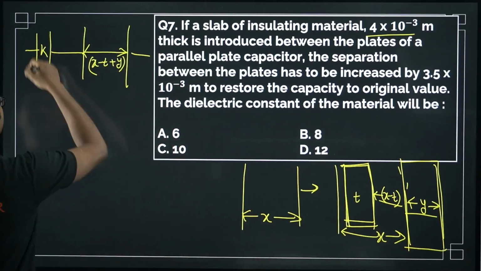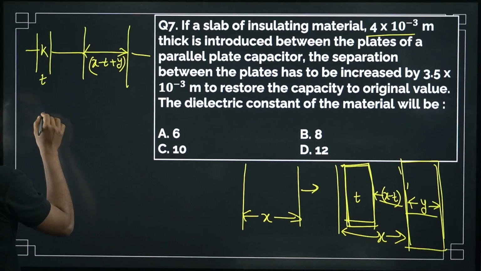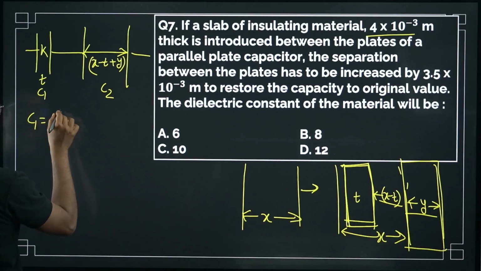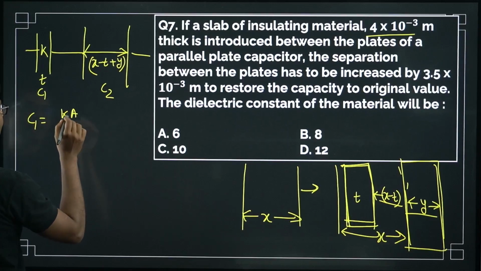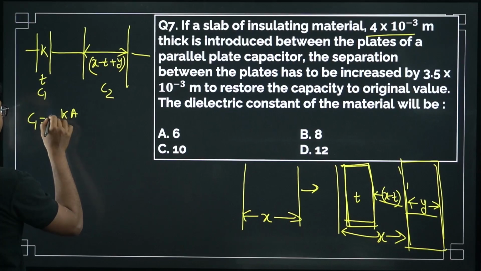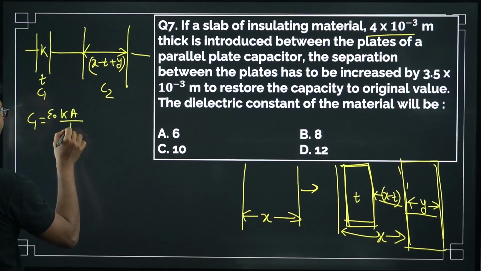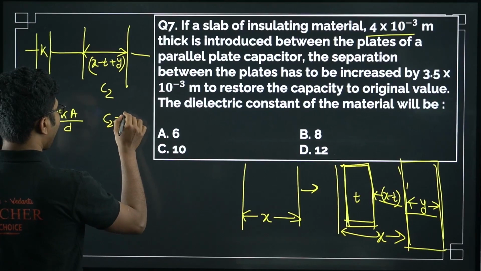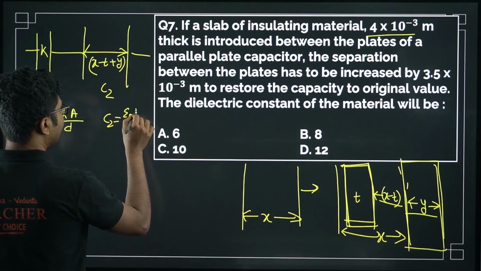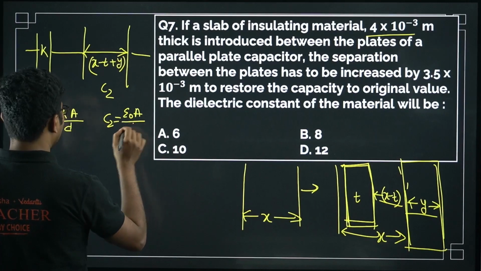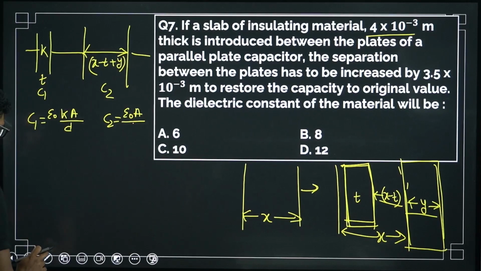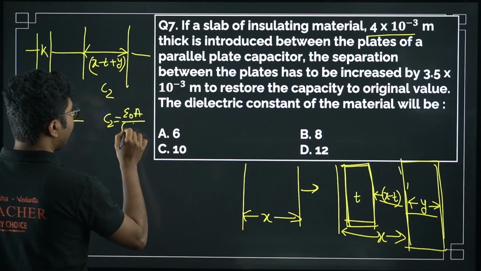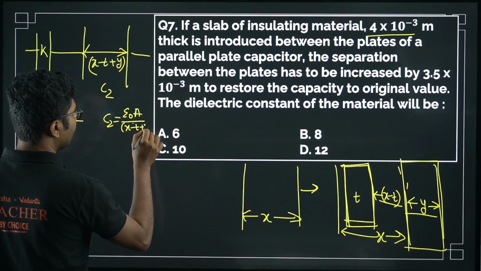So what is the capacitance of this? Capacitance of this is say C1, this is C2. C1 is basically K A epsilon naught by D, and C2 is epsilon naught A by D. D is in this case t, and in the other case it will be x minus t plus y.